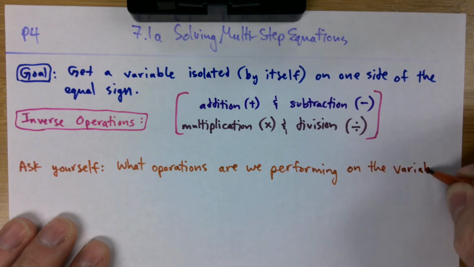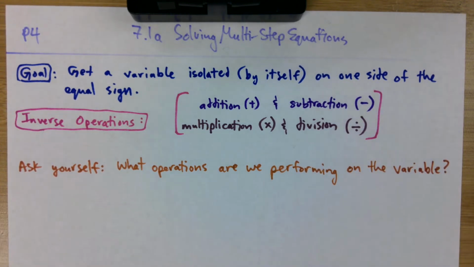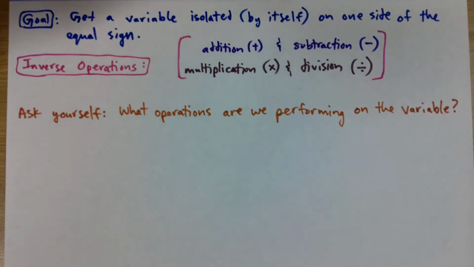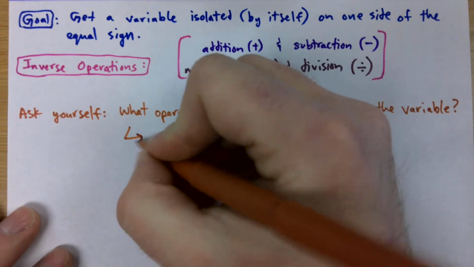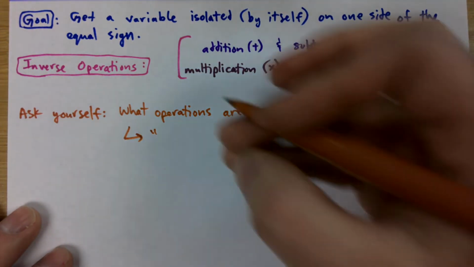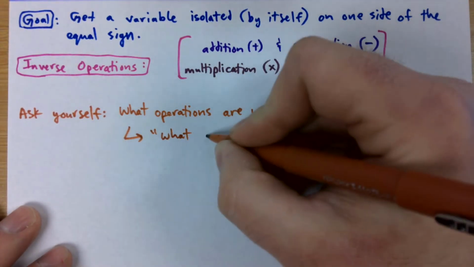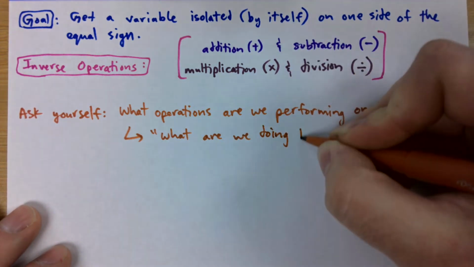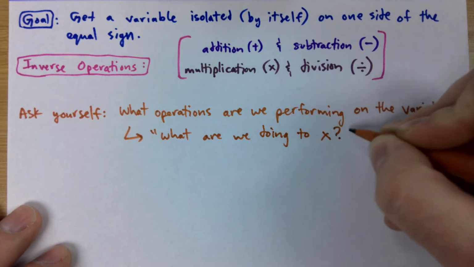Now that's a really long, complicated question to ask yourself every time you see one of these problems. So let's shorten that. We can say, what are we doing to x?